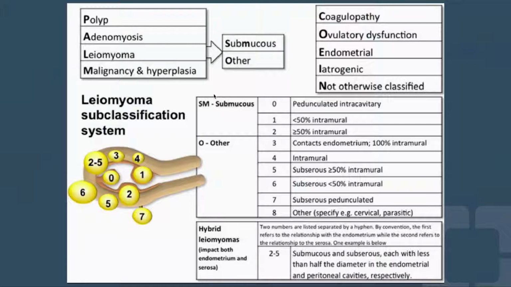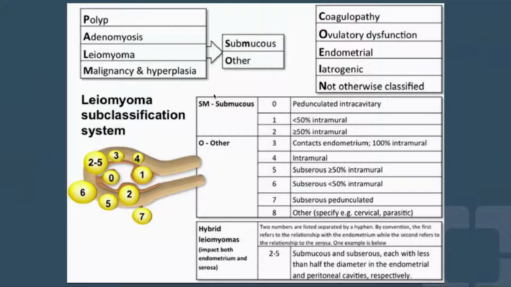Coagulopathy. This can be either iatrogenically induced, which you can see later, meaning with anticoagulation, or this can have to do with an underlying coagulopathy, such as von Willebrand's or disseminated intravascular coagulation as a more acute cause. Ovulatory dysfunction will cause abnormal uterine bleeding as well.